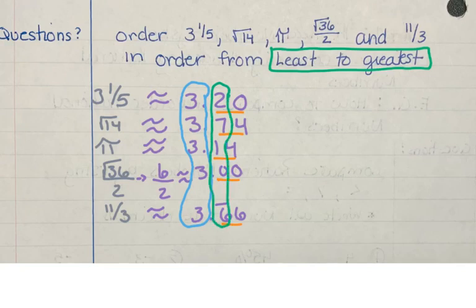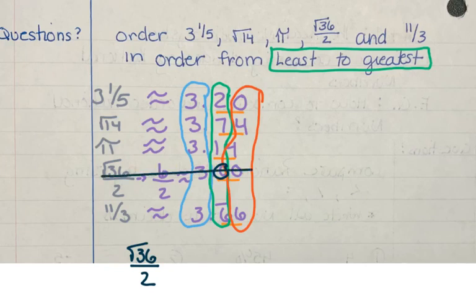And then I'll look at the hundredths. When I look here, 0 is my smallest tenth right here. So that means the square root of 36 over 2 is going to be my smallest number. And I have to write the original. So I'm going to cross that one off. I've used it.